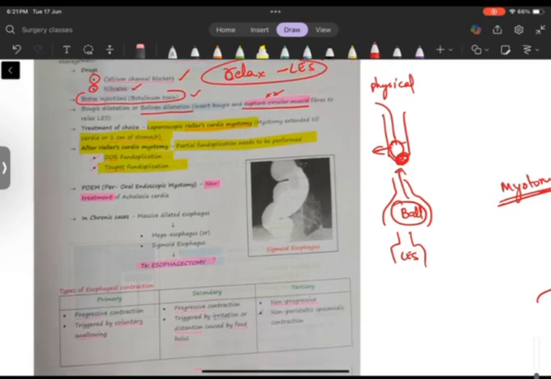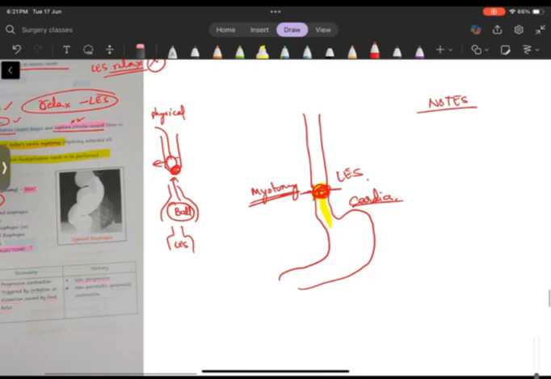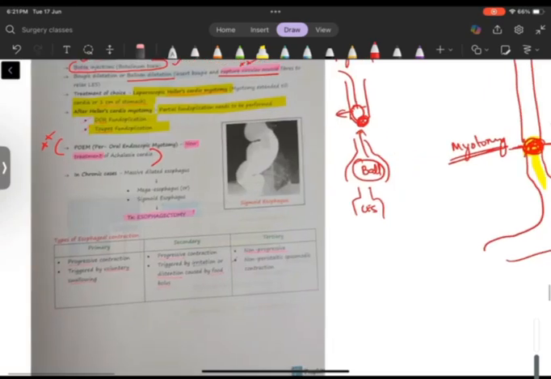Other newer techniques are being developed nowadays, called POEM, per oral endoscopic myotomy. This is related to NOTES. There are surgical procedures being done through natural orifices. The oral cavity is one such natural orifice. By per oral endoscopy, we can reach the esophagus and thereby perform myotomy.